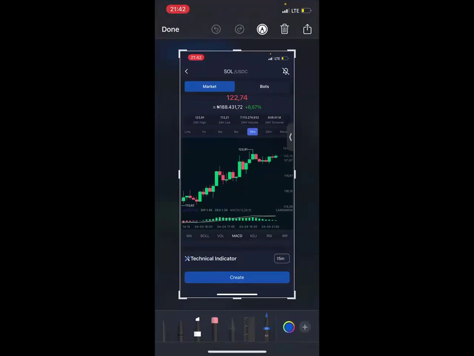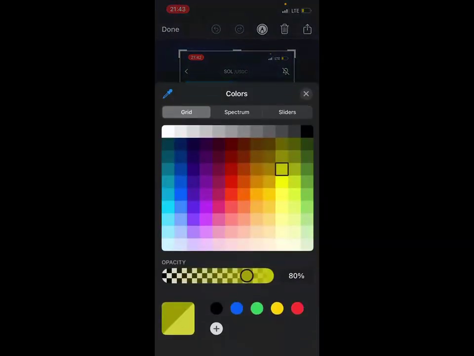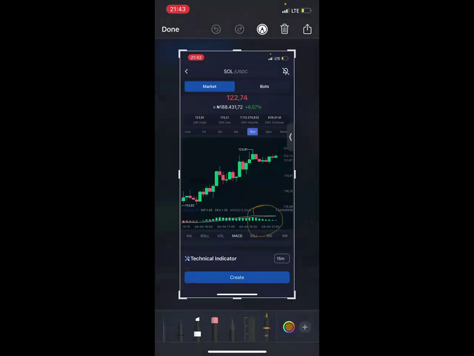So let me use this marker and use a very clear line. Let's use this. Okay. So we have our exponential moving averages, which are plotted on our charts. We know that we have a tool that we use as traders, which is TradingView and other platforms as well.